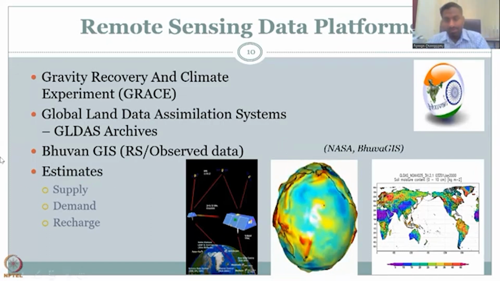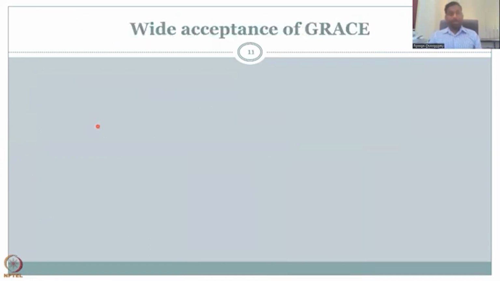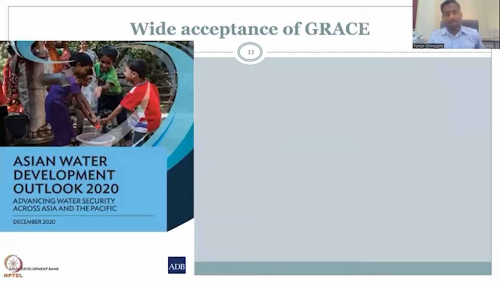GRACE does have some limitations and challenges, but we'll look at the positives more when we look at the case studies, because the GRACE data has been widely accepted across the world. So this book, which I also co-authored, was released by the Asian Development Bank in December 2020, where it discusses where water security initiatives can be achieved by funding across Asia and the Pacific. So basically looking at regions where there is a need for infrastructure and how the Asian Development Bank can support development.